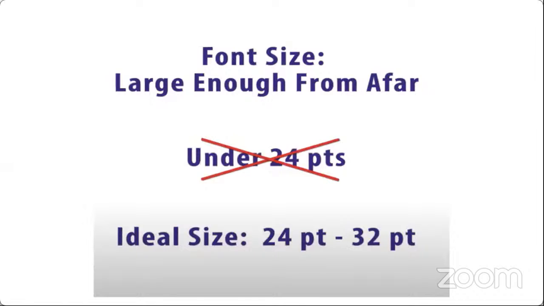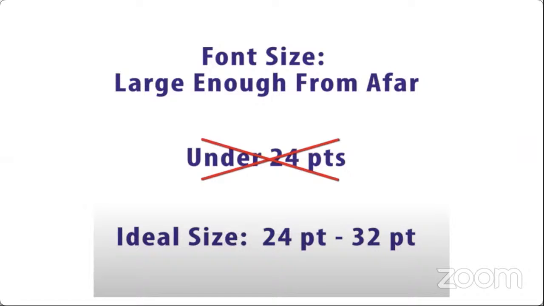Nowadays font size depends upon the font, but on normal fonts like Arial and Calibri, anything between 24 and 32 for your normal text should be good enough for the audience to read it from approximately 4 to 6 feet away from the poster.